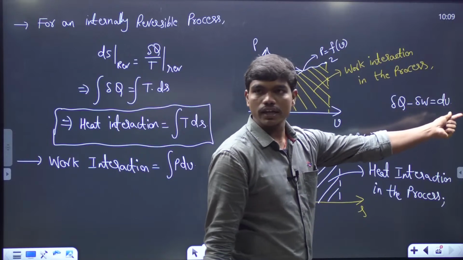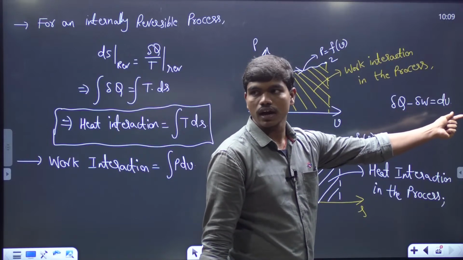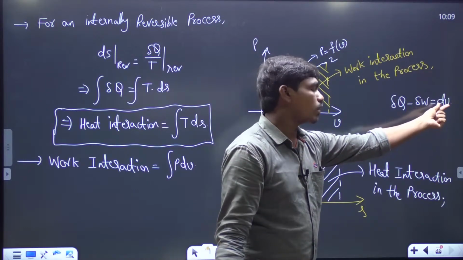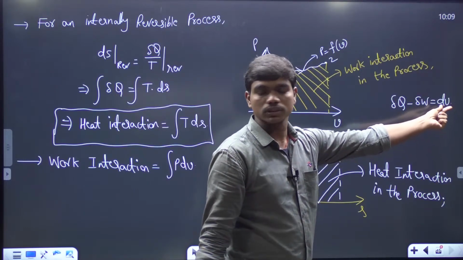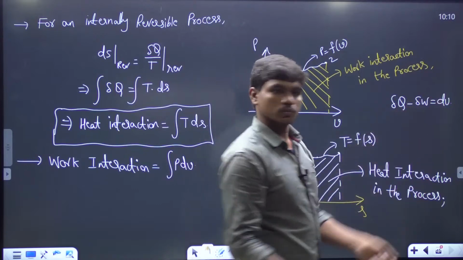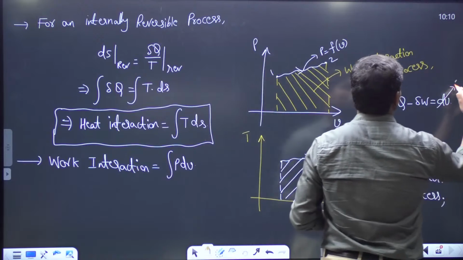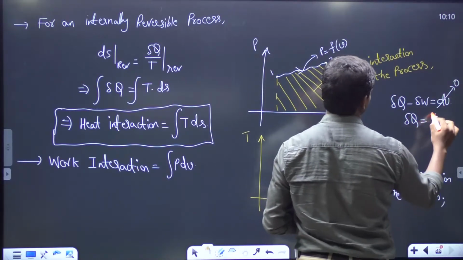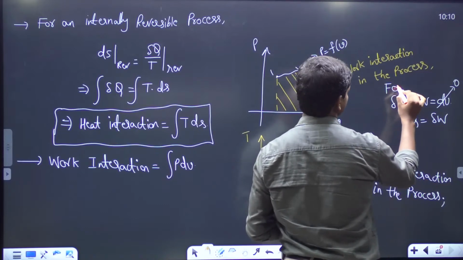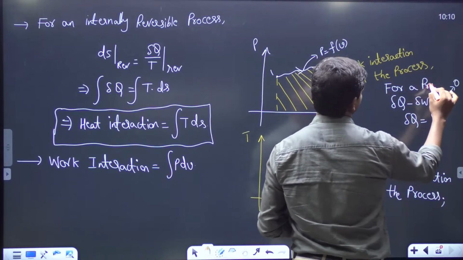Internal energy is U final minus U initial, a point function that doesn't depend upon the path in which the cycle takes place. So what's the total change in internal energy for a closed system executing a cycle? It is 0, correct? So del Q is equal to del W.